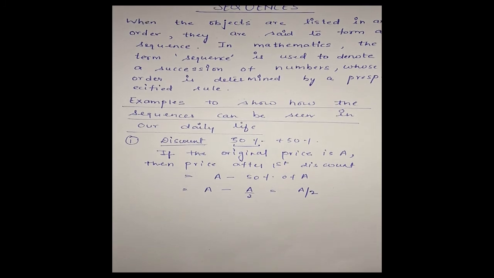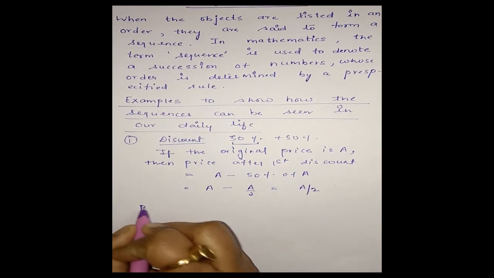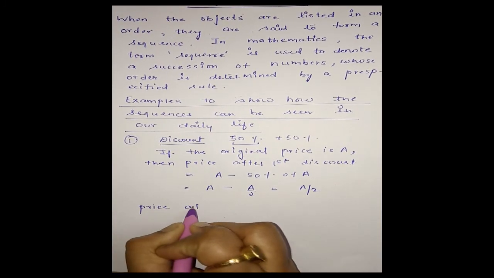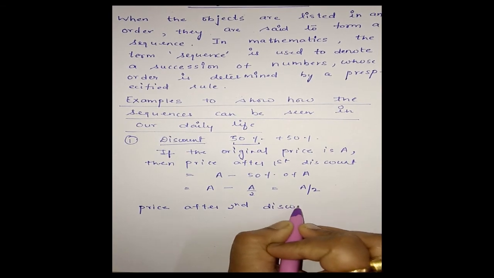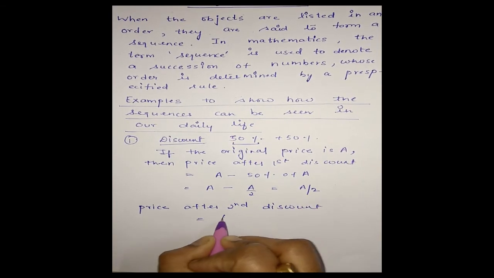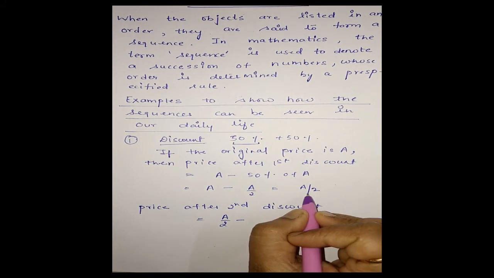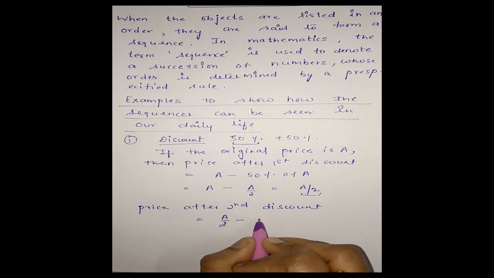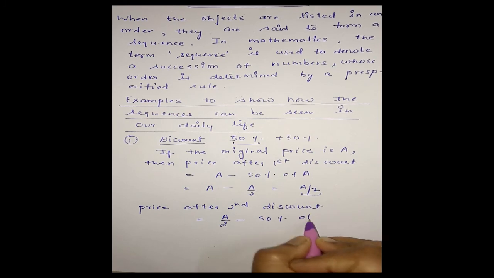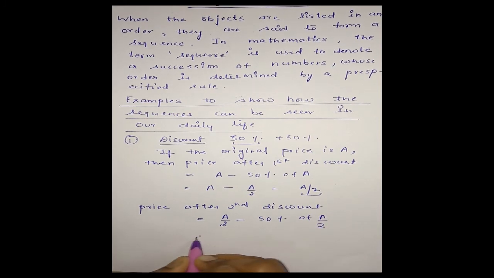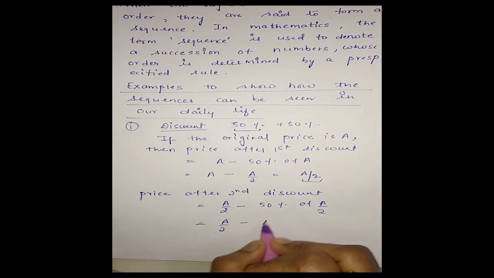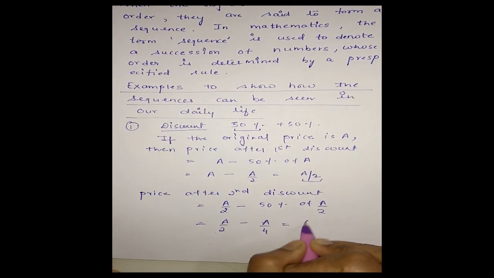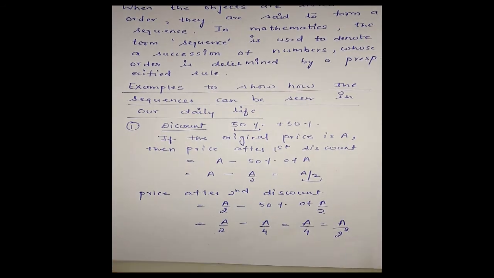And the price after the second discount will be equal to A by 2 minus 50% of A by 2, that is A by 2 minus A by 4, that is A by 4, or I can write it like this, A by 2 square.